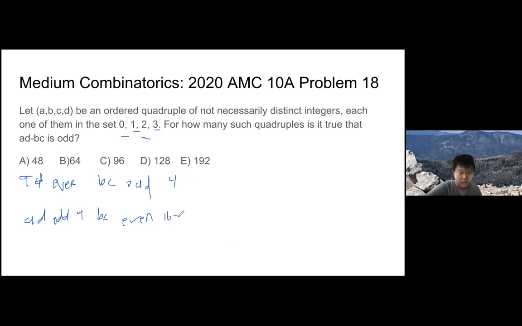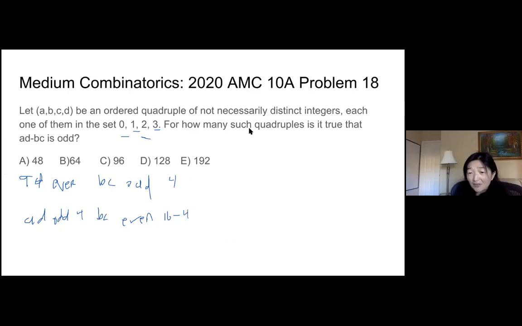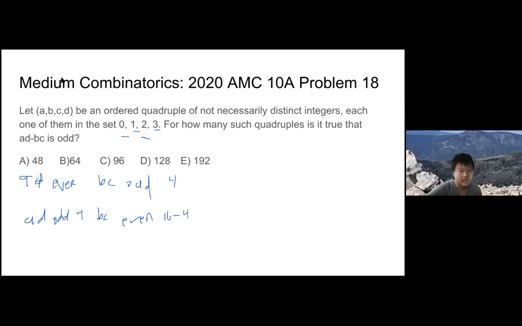Someone said something in chat. Oh, no, because remember, since we have 16 ways and 4 of them have BC odd, 12 of them have BC even. Likewise, 12 of them have AD even. So we add these 2 cases, each of them gives 48. So the answer is 96.